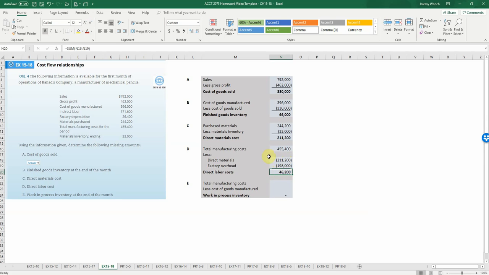The sum of all those is total manufacturing cost, which is 455,400. That's what goes into work in process. What comes out of work in process is the cost of goods manufactured, which we have up here of 396. Let's make that negative because we're subtracting it. The difference is what we end up leaving in work in process, which is our ending balance of 59,400.